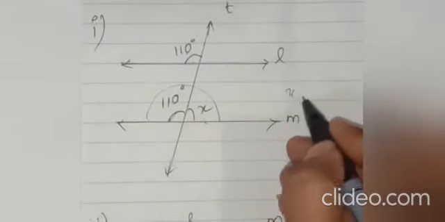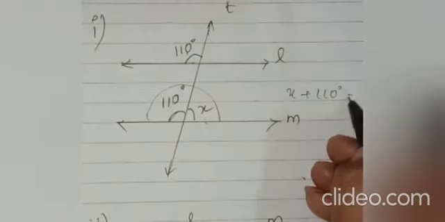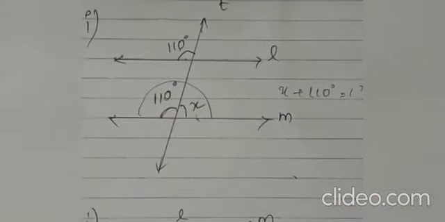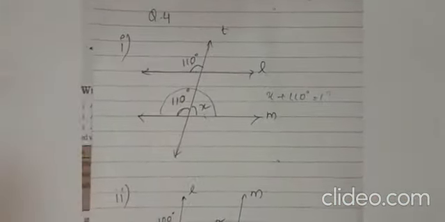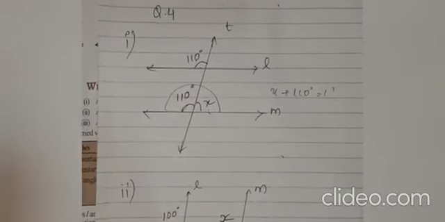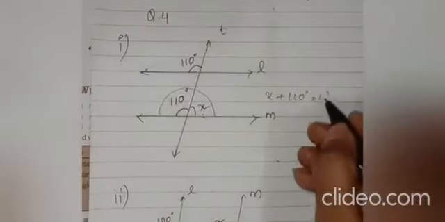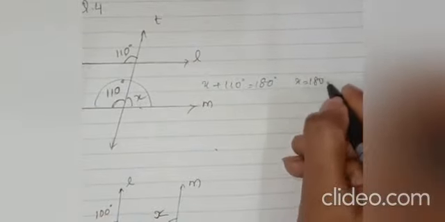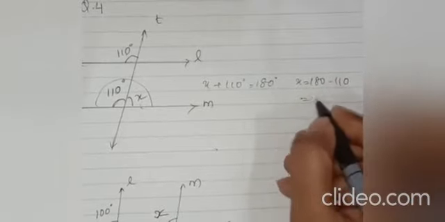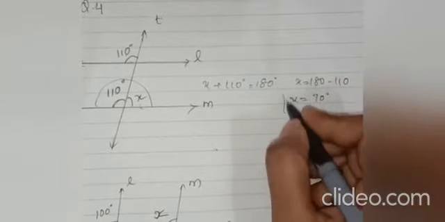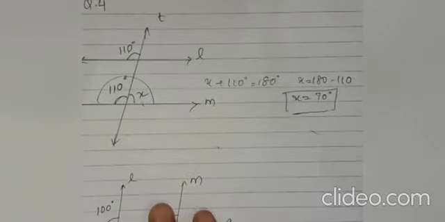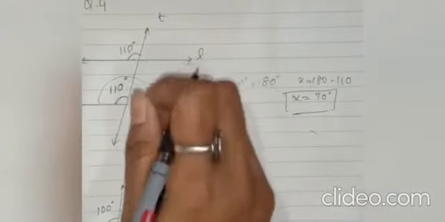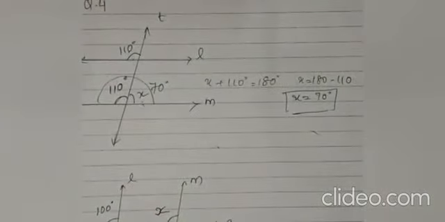So we can say here x plus 110 is equal to 180 degree. Therefore, x is equal to 180 minus 110, which comes to 70 degrees. So the value of x is 70 degree. When you add both the numbers, it comes to 180.